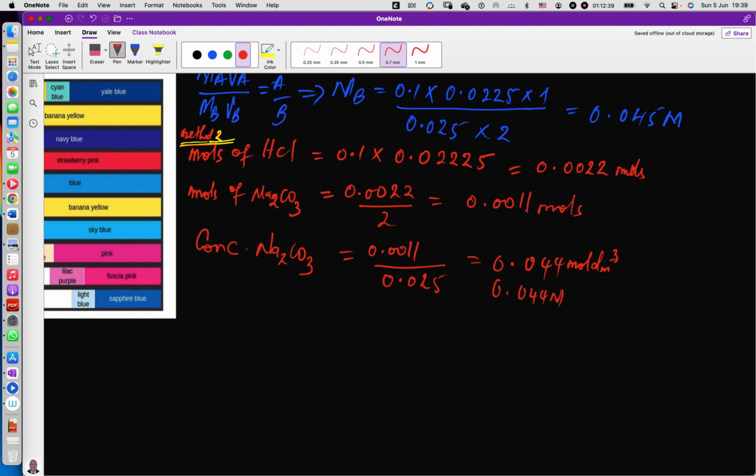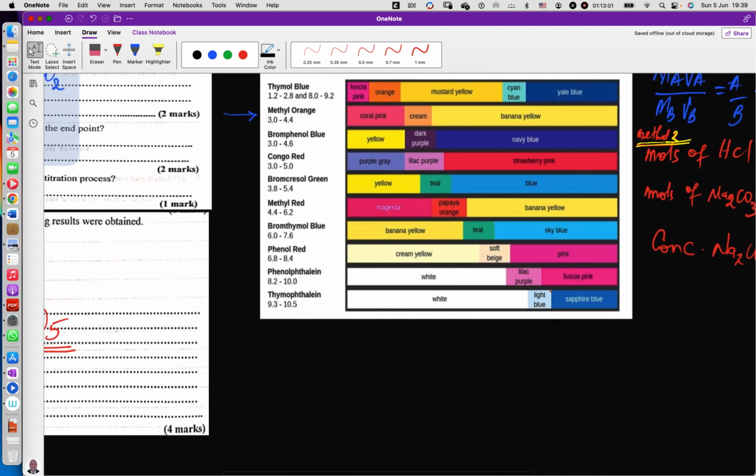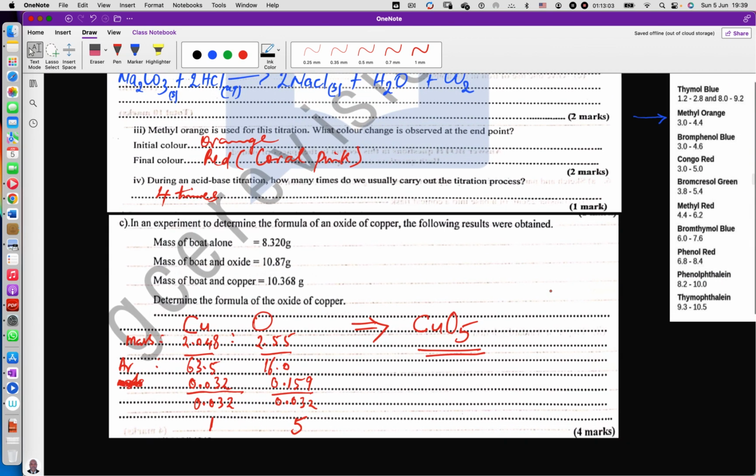Then we divide the number of moles, 0.0011, by 0.025. When we divide that, we will have 0.044 mole per dm cube, or 0.044 molar. That will be the concentration of sodium carbonate. And that is how you can get it.